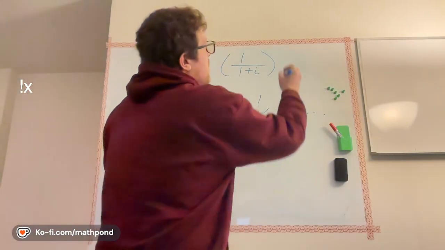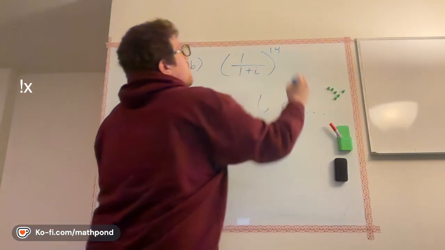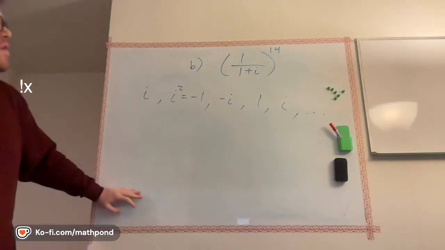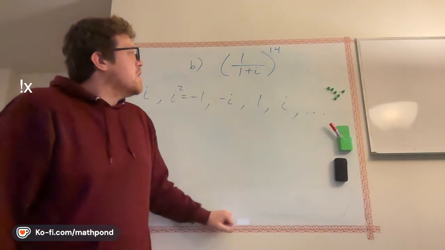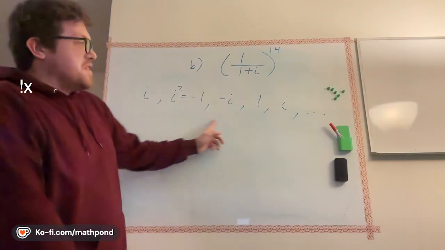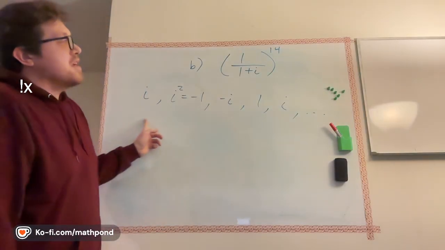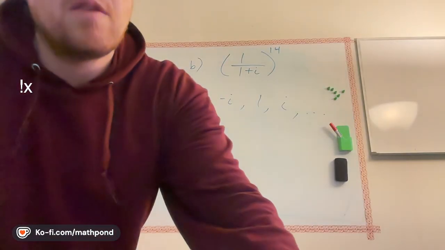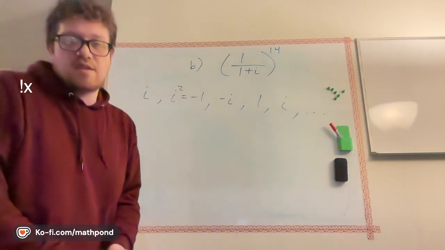And what we want is the 14th power. I'm not even sure if this pattern repeating is necessarily going to show up here, but the idea is definitely going to be similar.